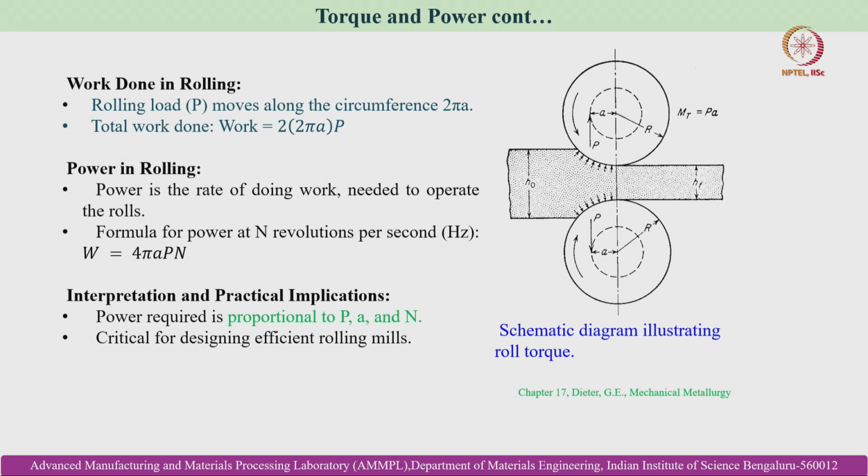So the expression becomes 4 pi A P. Out of which torque MT is equal to P into A. So, the power in rolling: power is the rate of doing work needed to operate the rolls. Formula for power at n revolutions per second, W is equal to 4 pi A P into n. Because we are talking about n revolutions per second, this is how we can estimate the power, that is W.